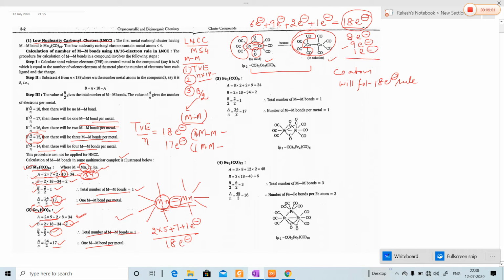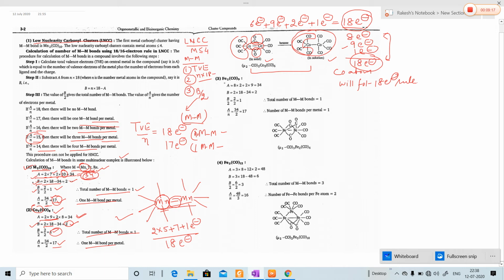So in this way, each cobalt will get 18 electrons. So in this way, we can determine the structure of Co2(CO)8.